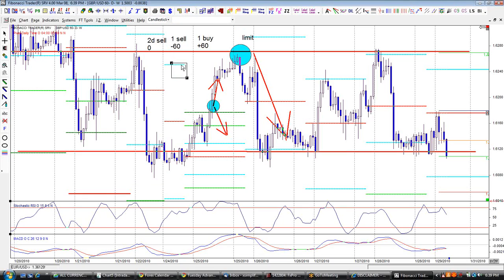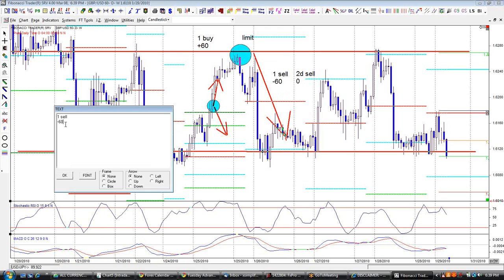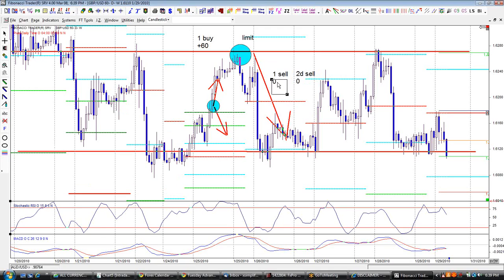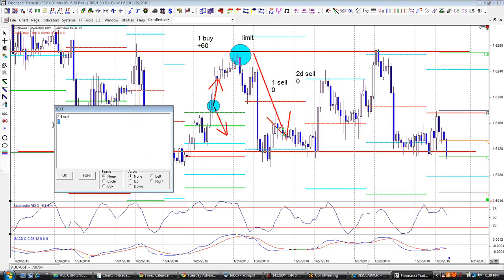But as those two orders start moving lower and lower, the market moves lower. Now this one that was negative at the top becomes 0 in the middle. The second sell that we entered at the top is now at plus 60.